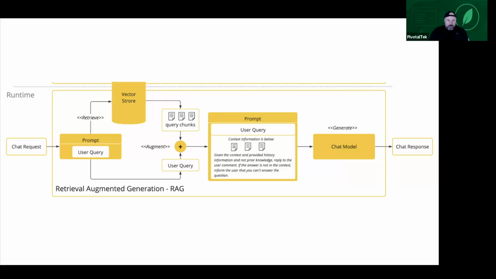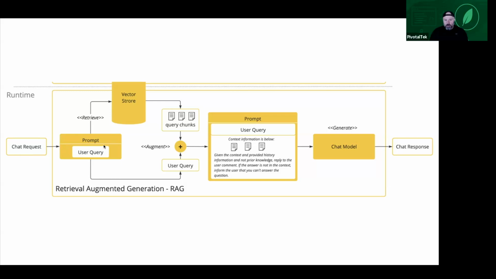So with RAG, what you're doing is you're augmenting your query, your prompt. So in a typical scenario, you would put in your AI ML request, and that prompt would be sent to the model, and you would get a response. Here, what we're going to do is we're going to take the information, the documents and data that we want to enhance the model with, so our information, we are going to embed that and store it in a vector store, a database.